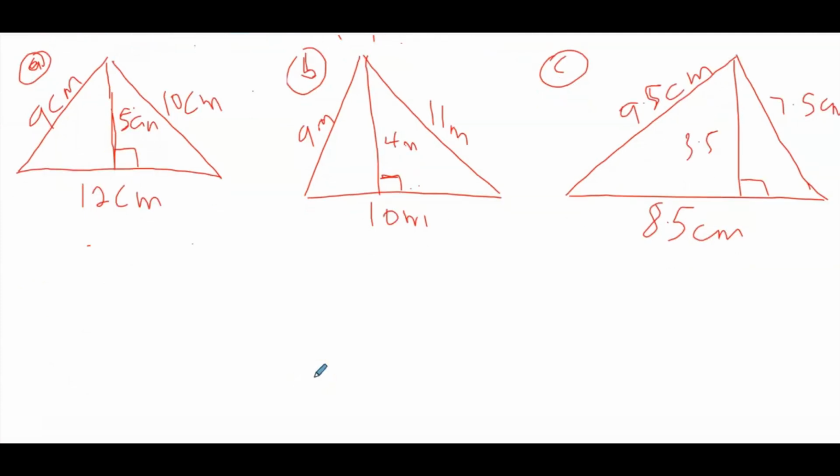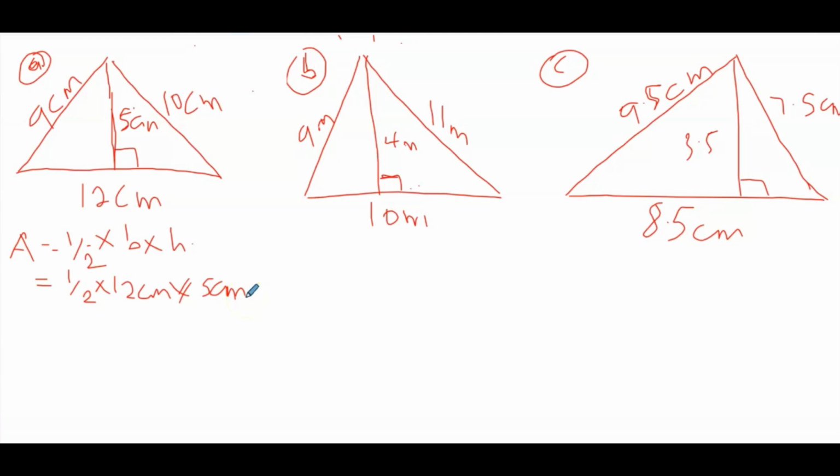From what we said already, the area, in this case I'll use A, is half times the base times the height. You do a quick substitution; the half is constant, so half times our base, 12 centimeter, times our height, 5 centimeter.